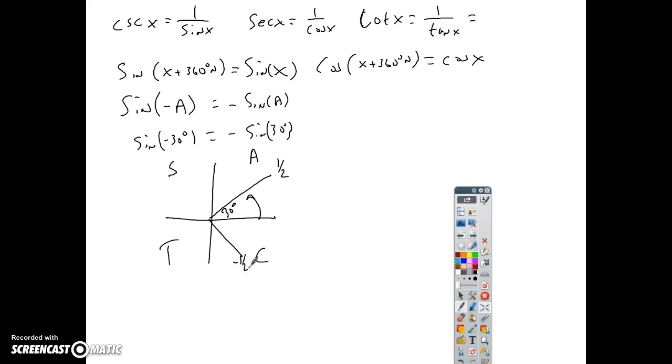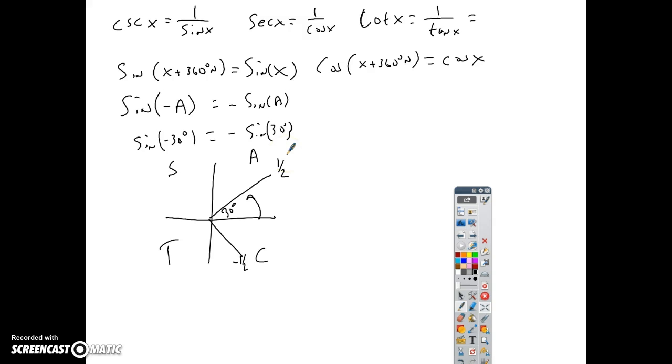So the sine of negative 30 degrees, which is negative 1/2, is equal to the negative sine of positive 30 degrees, which is 1/2. But a negative doesn't equal a positive.